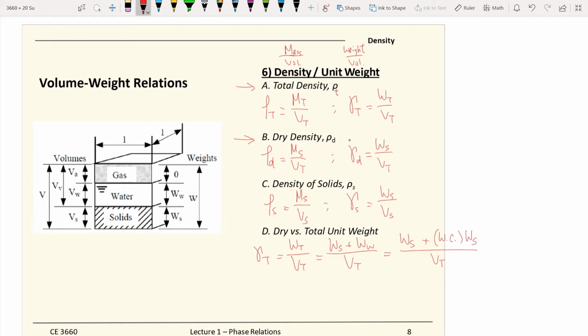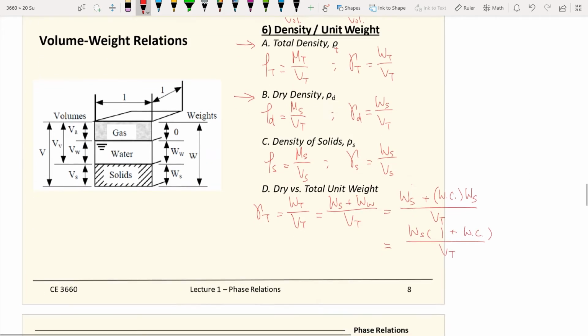If we do our math here, we factor out the weight of solid, then we have 1 plus the water content, divided by the total volume. And in fact, this term here, the weight of solid divided by the total volume, gives you the dry unit weight.